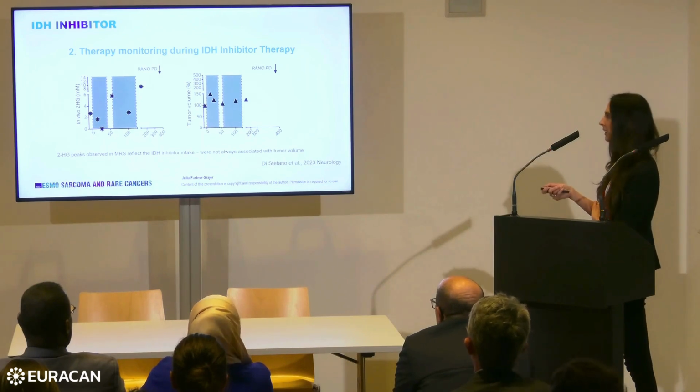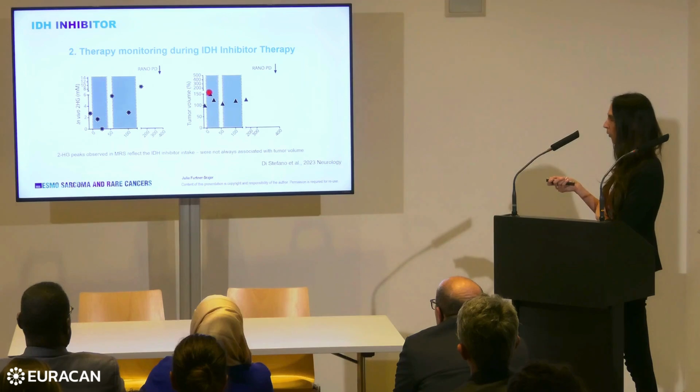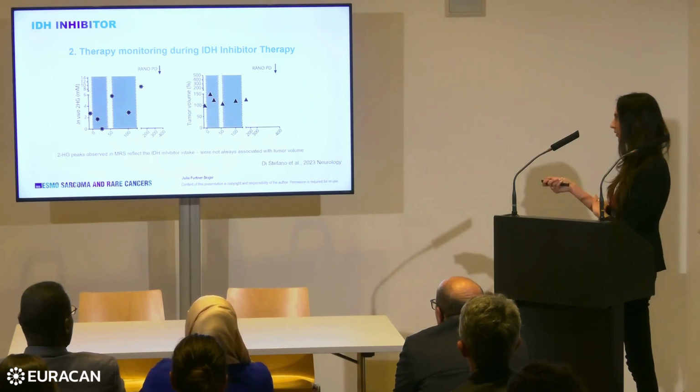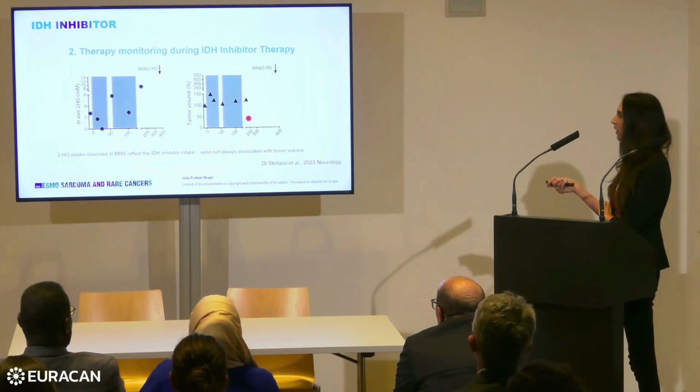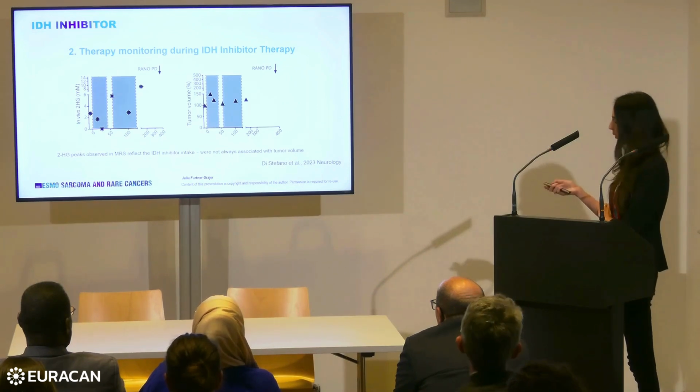So as you can see here, when we start the intake, the 2-hydroxyglutarate peak decreases immediately. But when we look at the volume, as I told you before, it goes a little bit up until later on it stabilizes. So this is only reflecting the IDH inhibitor intake and not really the tumor volume.